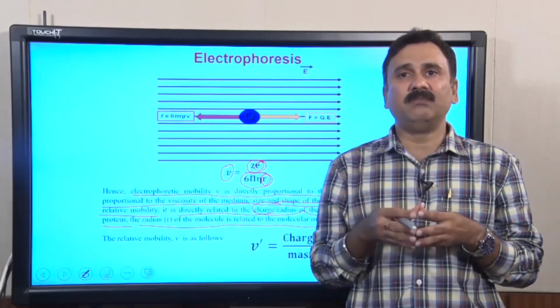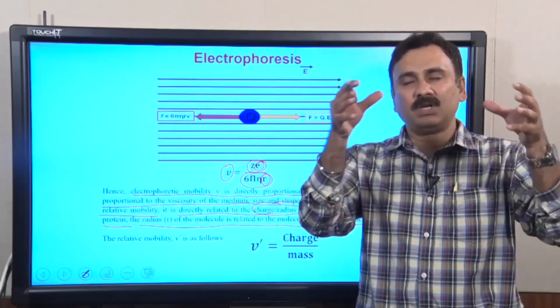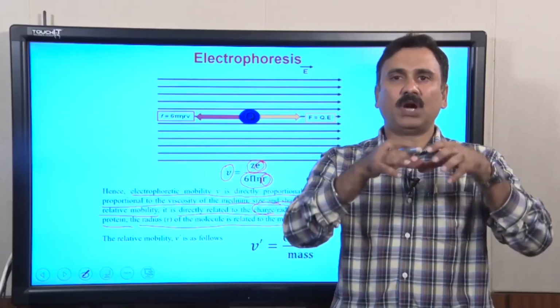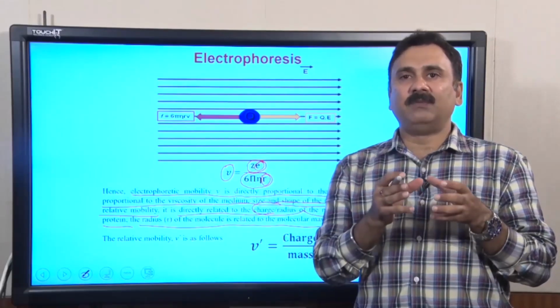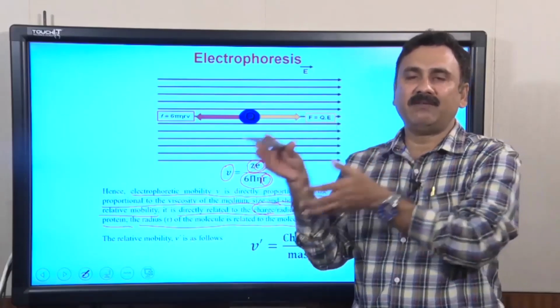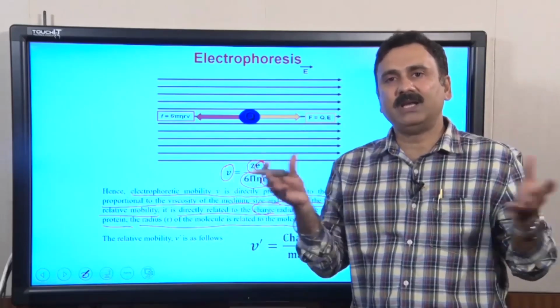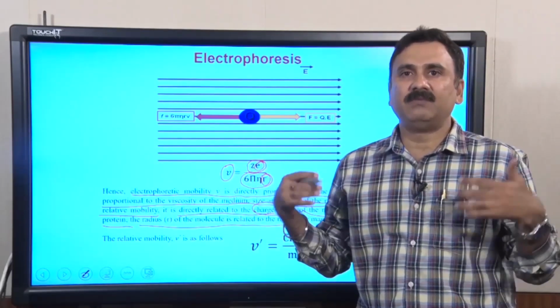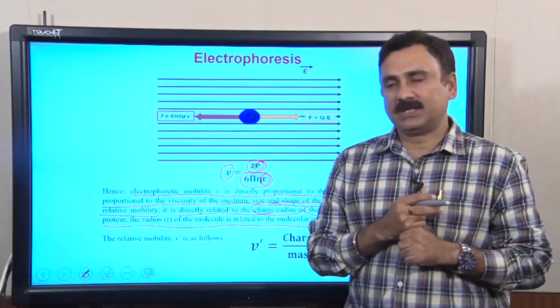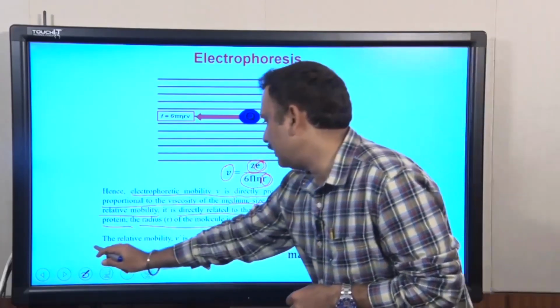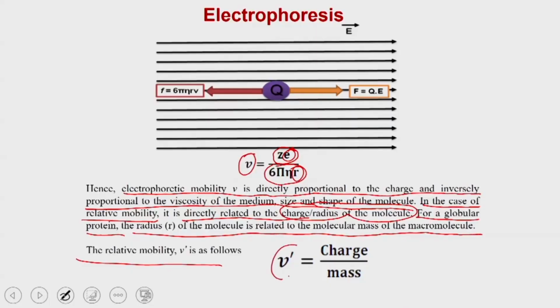Especially for a globular protein, the molecule is distributed around the center. So if the molecule is 10 kDa, it has some diameter, and if it is 50 kDa, the diameter is in proportion to the molecular weight, which means the relative mobility is equivalent to the charge by mass.